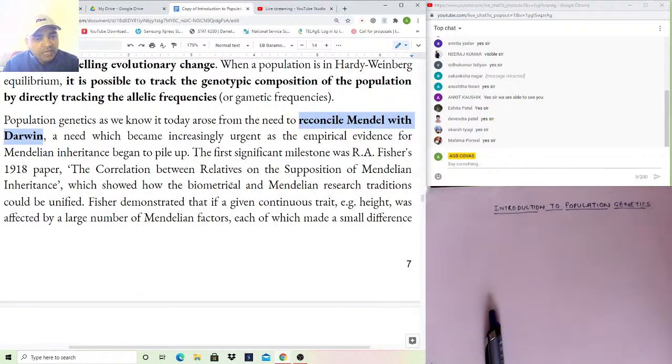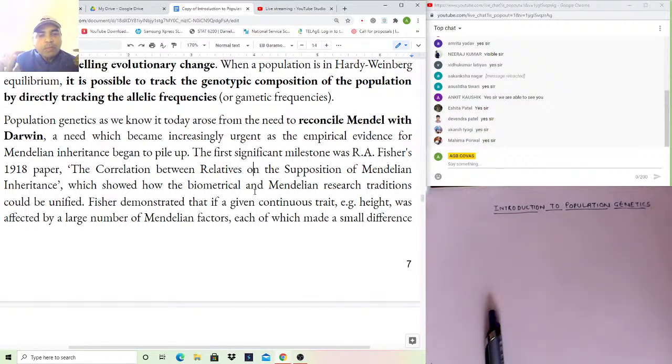This need became urgent as the empirical evidence for Mendelian inheritance began to pile up, because people started doing experiments proving that if we take a single gene affecting a single trait, we get these results.